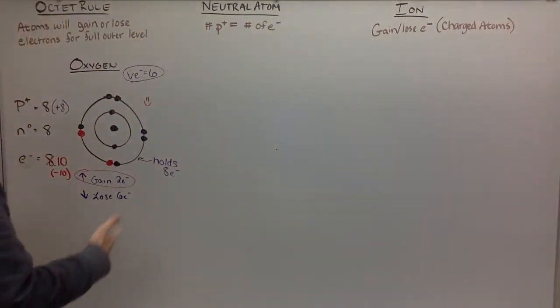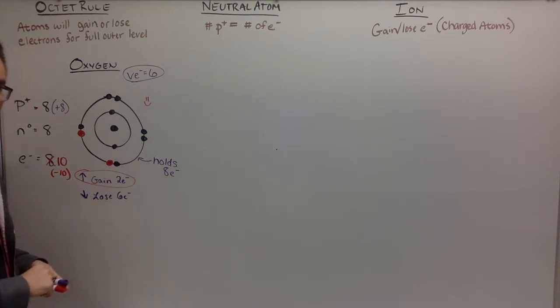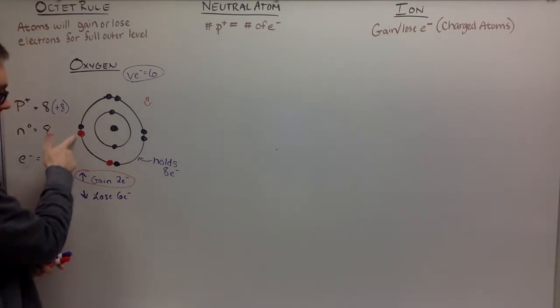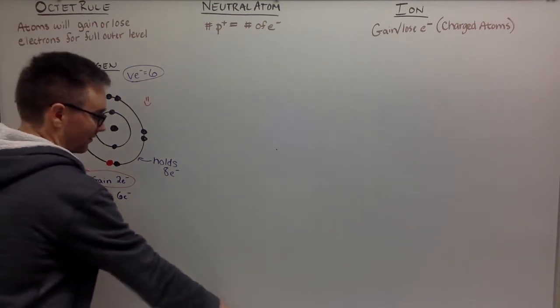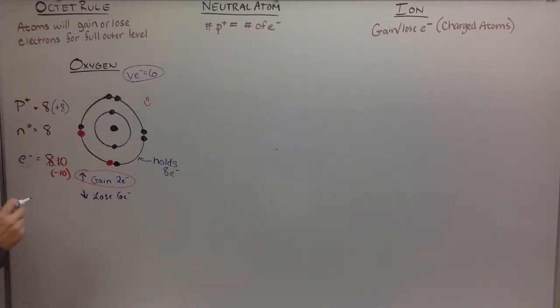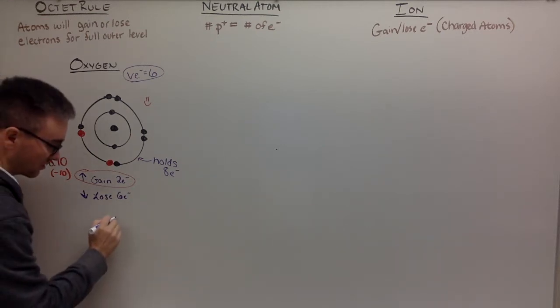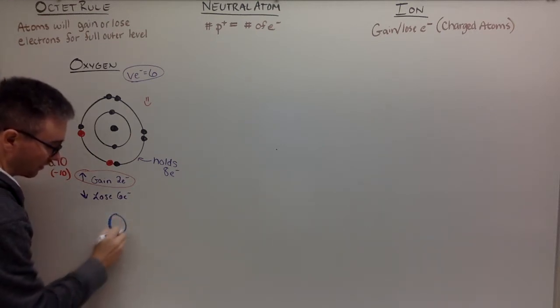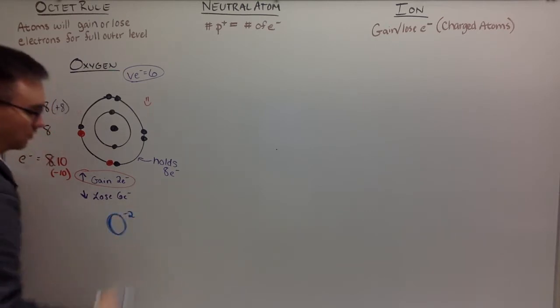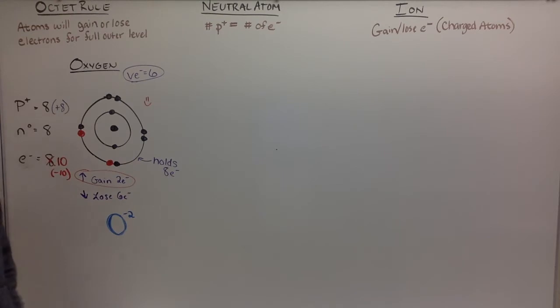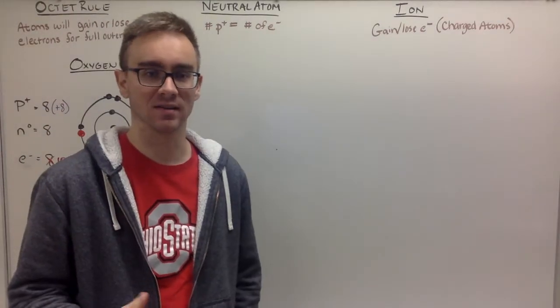In this case here, I've gained 2 electrons. So now overall I am negative. So I would have to rewrite this here. This is no longer just oxygen. I would write the O for oxygen, and then up here I'd write negative 2. Because overall I am more negative than positive.